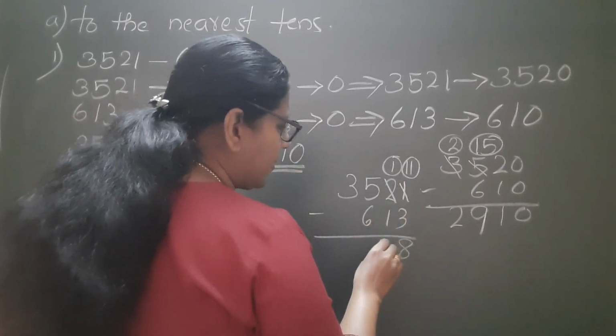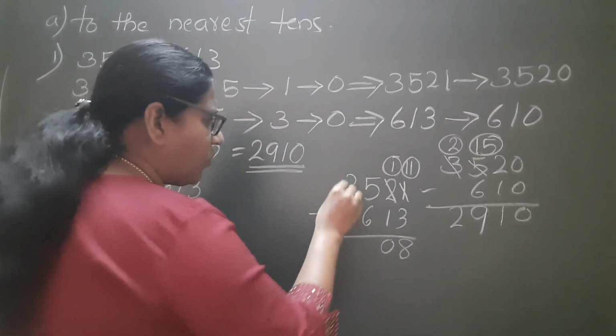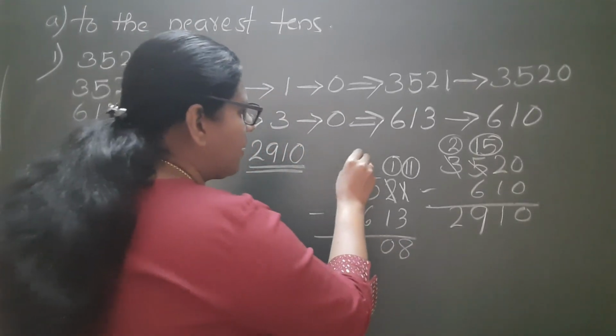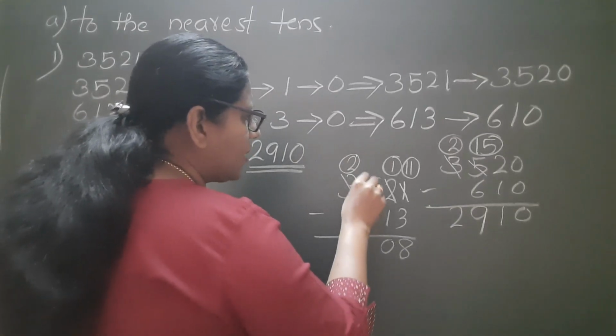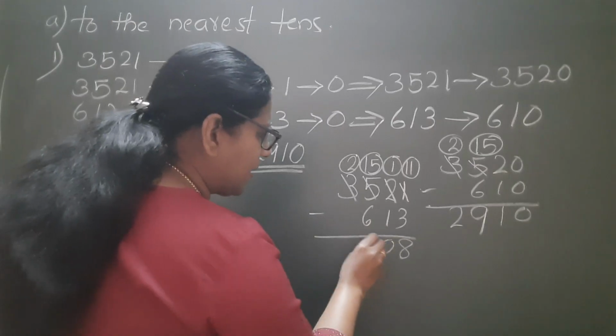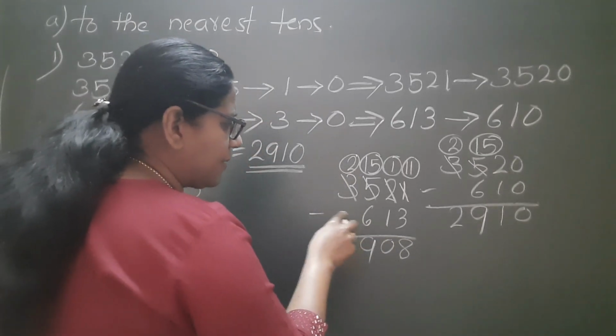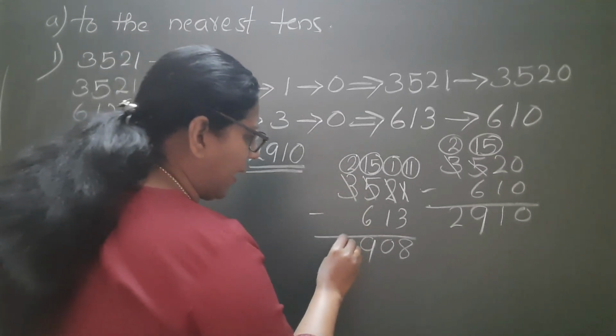1 minus 1 is equal to 0. From 5 we cannot subtract 6, so we have to borrow from 3. 3 becomes 2 and this 5 becomes 15. 15 minus 6 is equal to 9. 2 minus, there is nothing, so 2 as it is.